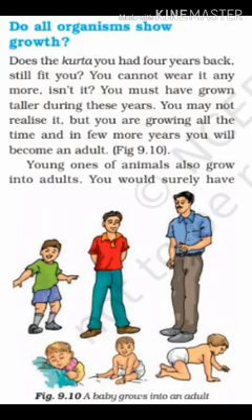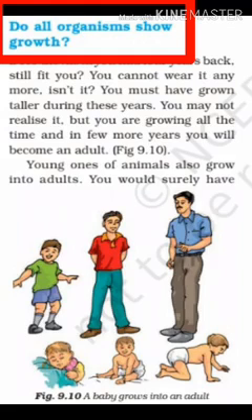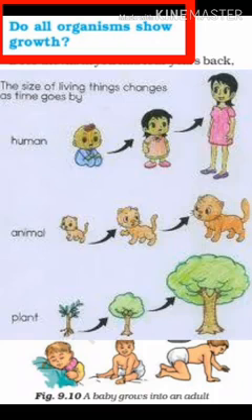The second characteristic feature is that all living organisms show growth. You must have seen puppies growing into dogs, calves growing into cows, and also plants growing from the seeds and increasing in size.